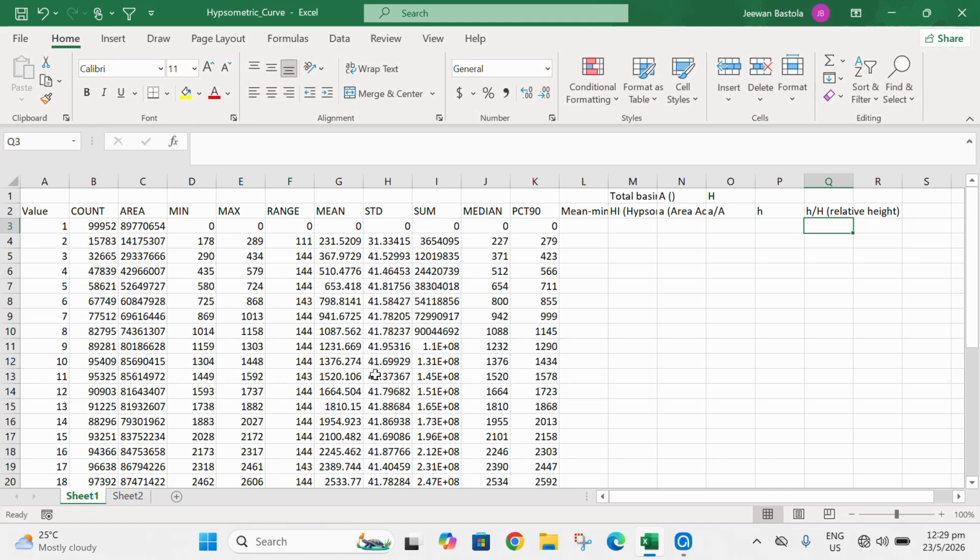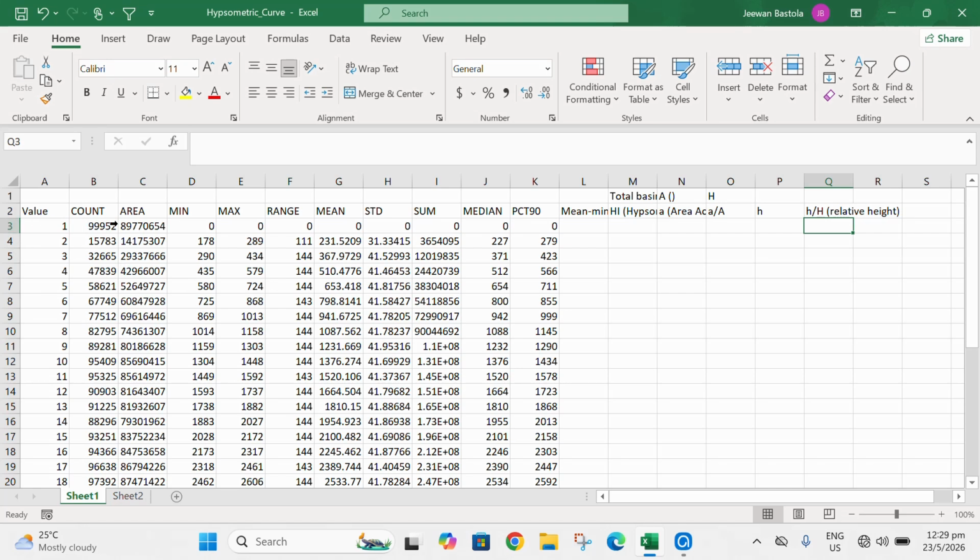So as we have generated the zonal statistics of the DEM of Amochu watershed or river basin, we have to generate the hypsometric curve in Excel.